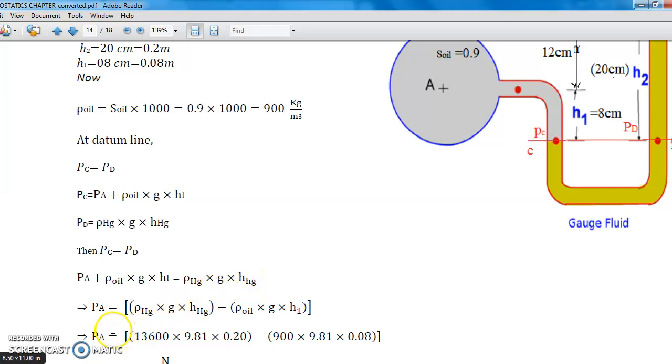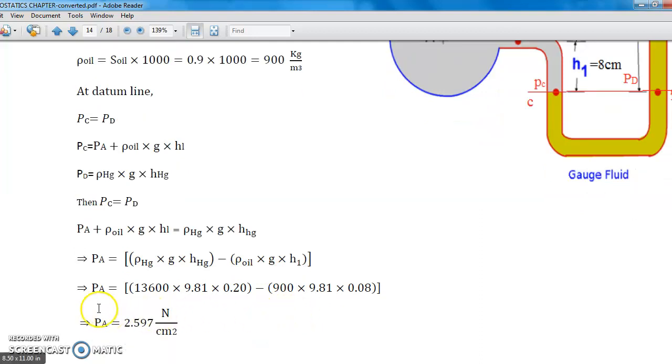Our aim is to calculate the pressure of the fluid which is flowing in the pipe, that is PA. So PA you keep on the left side and take this value to the right side, then you have to give the negative sign. So that is the density of the mercury into g into height of the mercury minus density of the oil into g into H1.